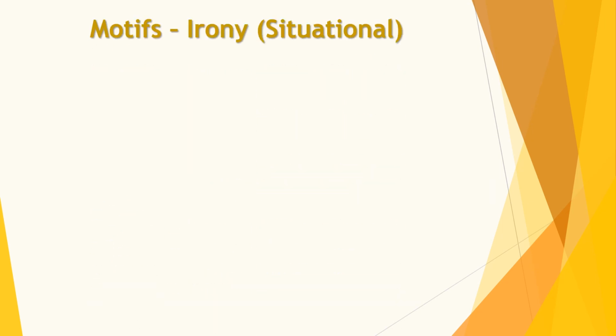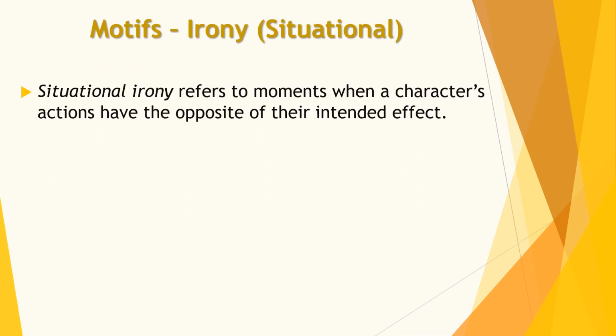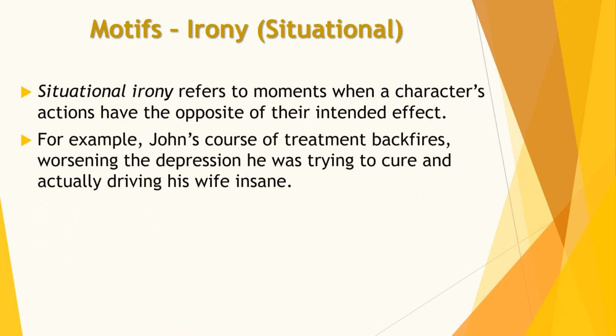The third type of irony that we discuss is situational irony. Situational irony refers to moments when a character's actions have the opposite of their intended effect. Such an example would be that John's course of treatment backfires. He believes in this resting cure for his wife, but it makes her depression worse, when what he was trying to do was to cure her.